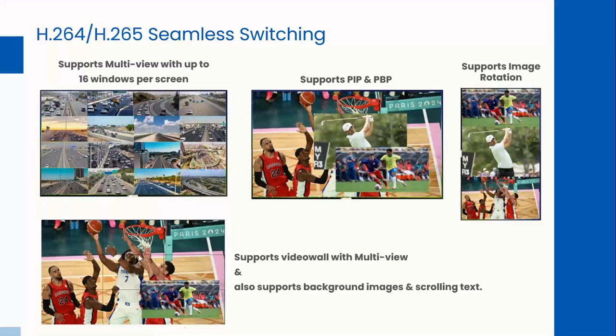And here you can see two video walls where you've got basically one large one and you've got a small one here with picture-in-picture. And you can have, again, up to 16 multi-views on this video wall. It also supports background images and scrolling text and banners as well.